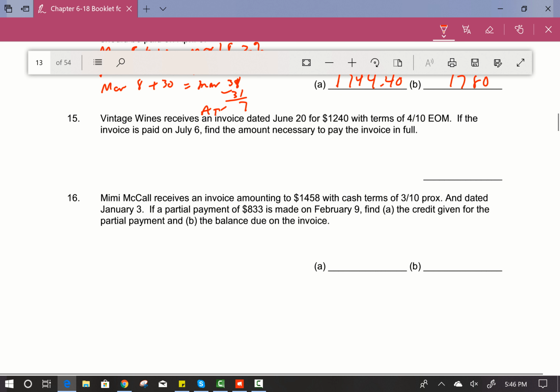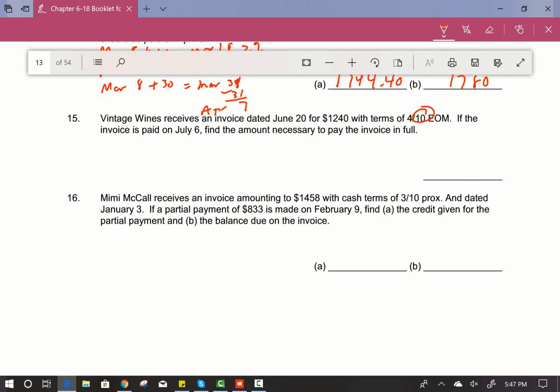Okay, number 15. Vintage Wines receives an invoice dated June 20th for $12.40 with terms of 4% discount if taken within 10 days of the end of the month. If the invoice is paid on July 6th, find the amount necessary to pay the invoice in full. So this date is before the 25th of the month, so we just go to the next month of July and add the number of days in the terms, which is 10.